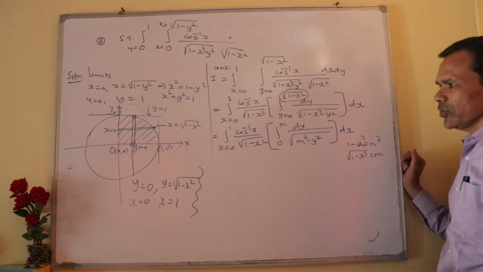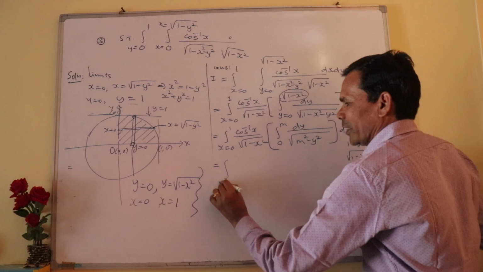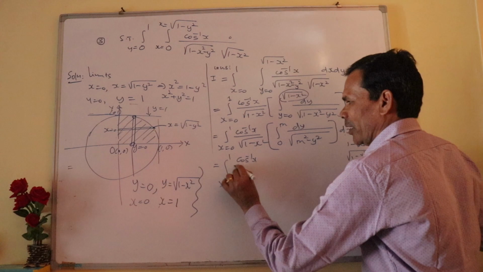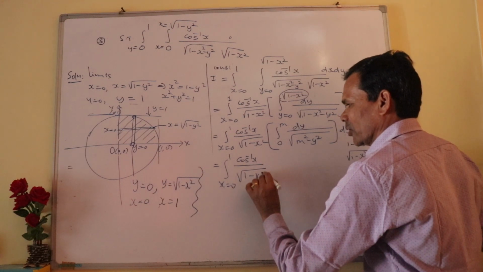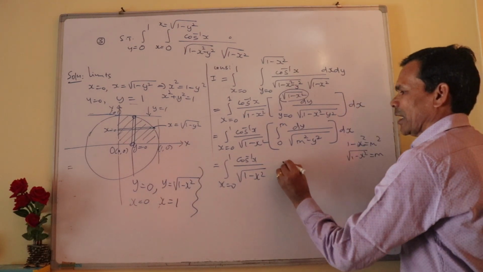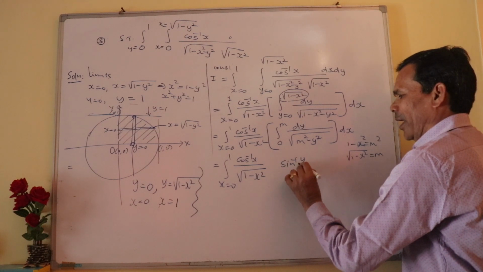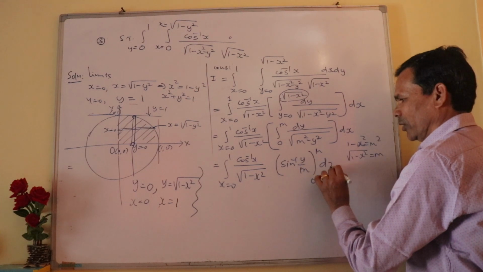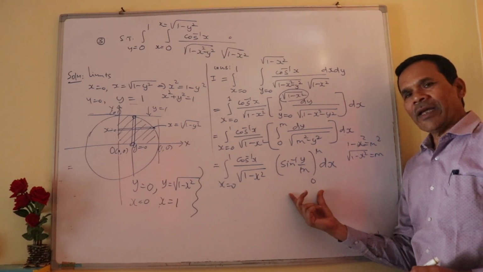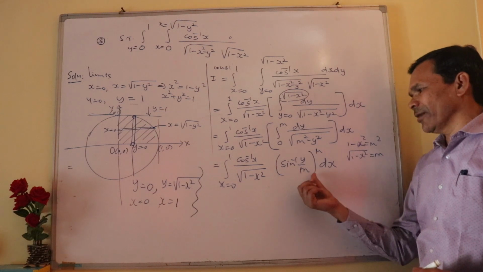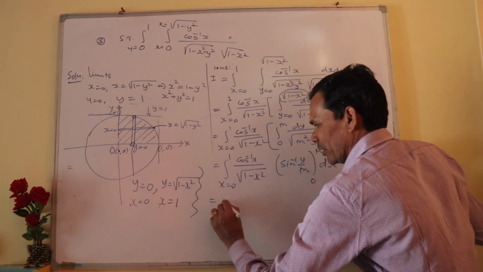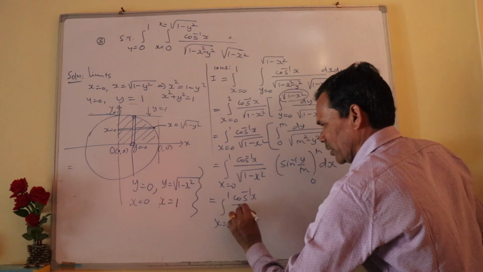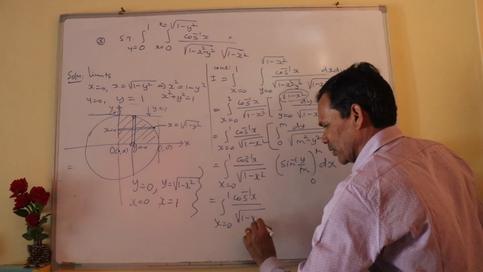So x from 0 to 1, cos inverse x divided by root of 1 minus x square, and this is sine inverse of y upon m, with limits applied 0 to m, into dx. Now as usual, sine inverse m upon m is 1.